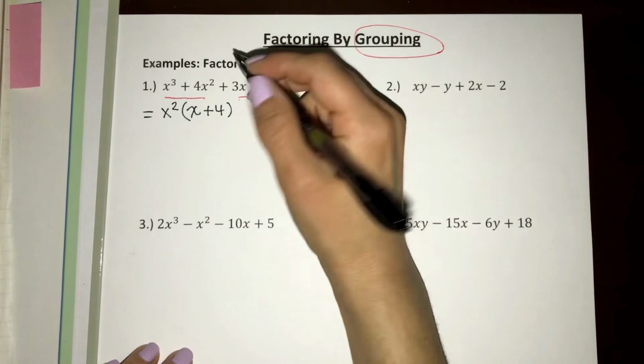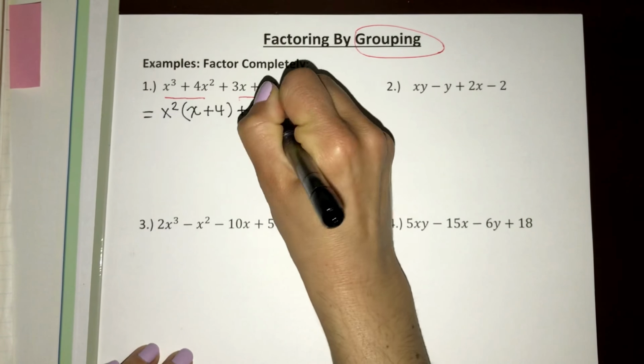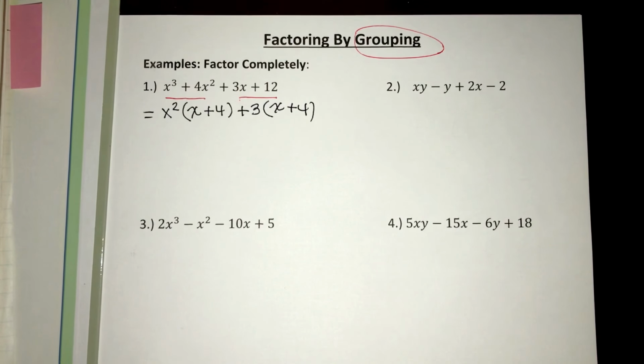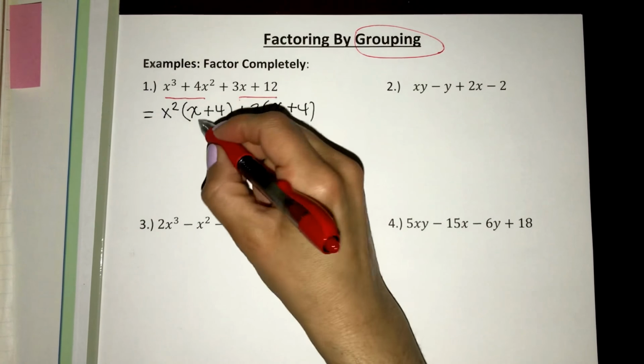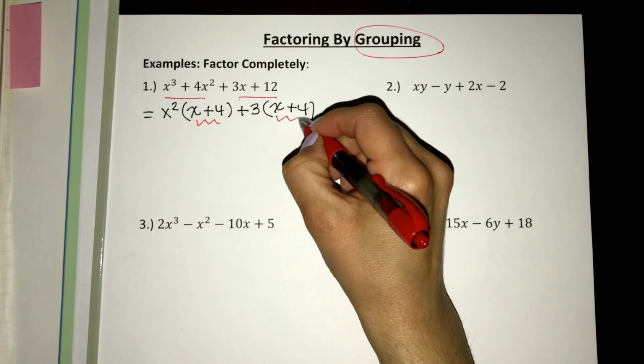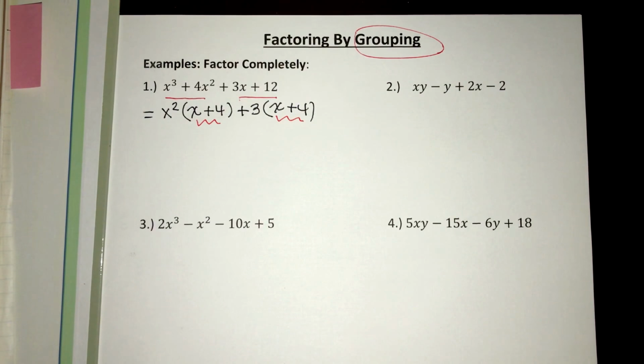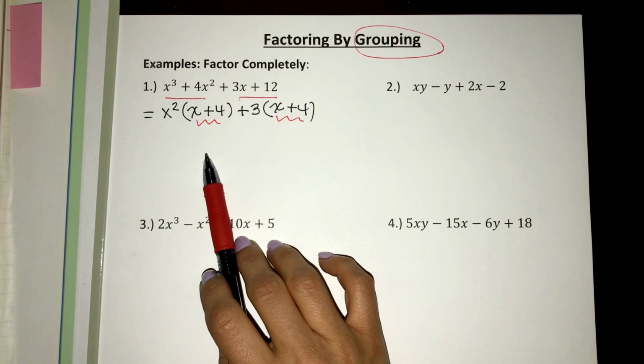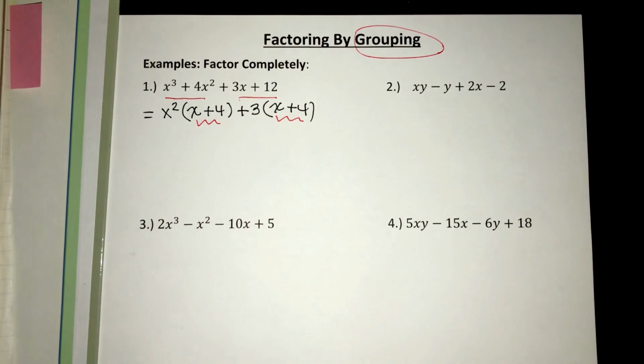We need to make sure we write plus 3, and then we get x plus 4. Something that's really important is that you need to make sure that these 2 binomials are exactly the same. Once they're exactly the same, you can do the last step and your problem will be factored completely.